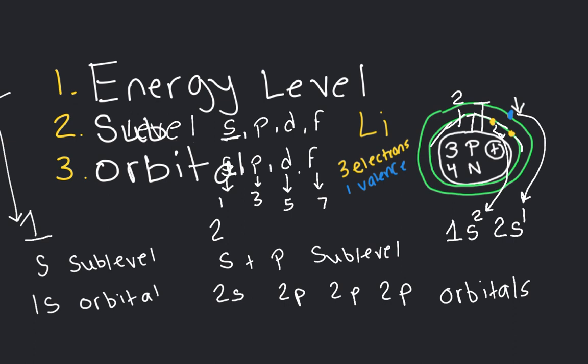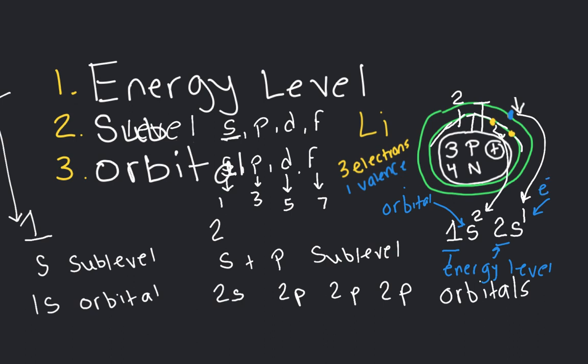And remember, this number here is the energy level. And then this, for us, we'll call the orbital. And then the number is the electrons.